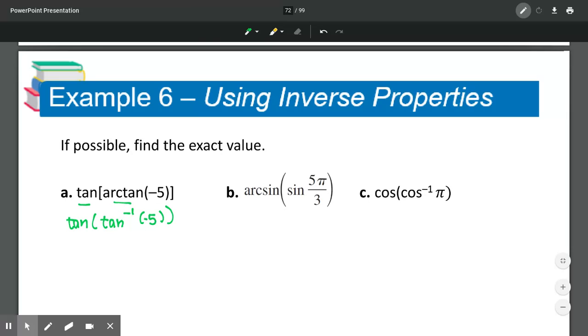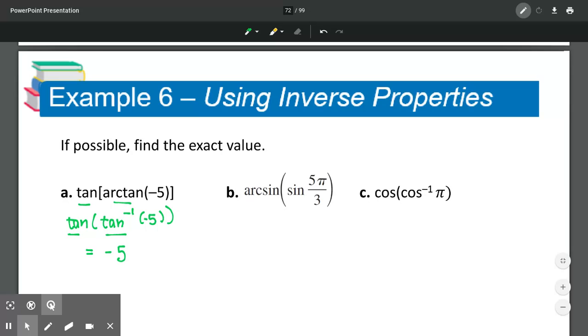And tangent, remember, is restricted from negative pi over 2 to pi over 2. But because tangent goes to plus or minus infinity, you don't have that negative 1 to 1 restriction. So when you have the tangent of the inverse tangent of negative 5, if you type that into your calculator, you just end up with negative 5.